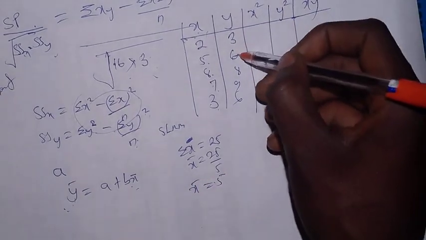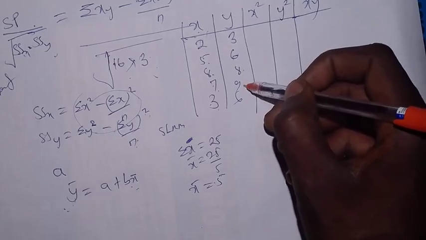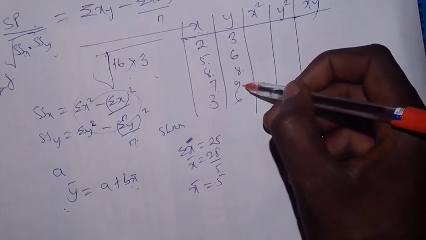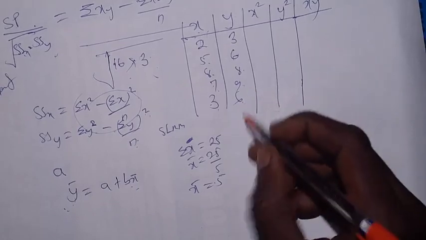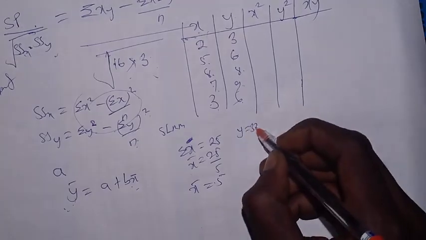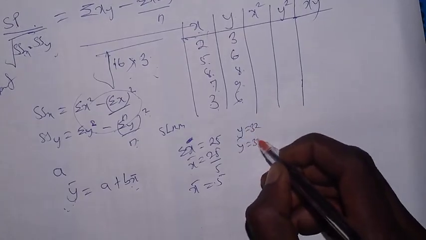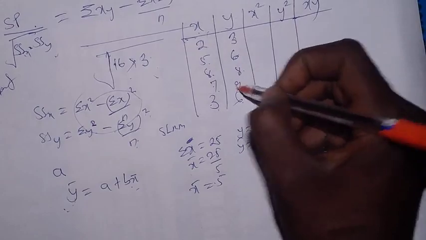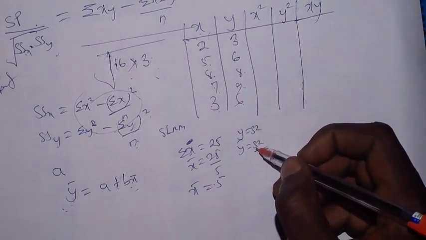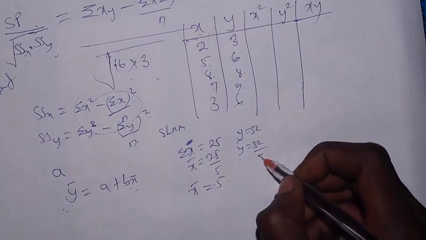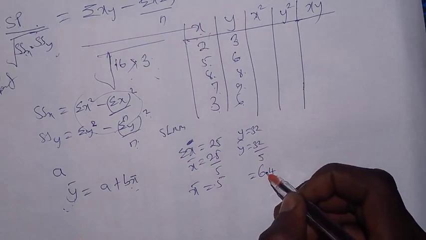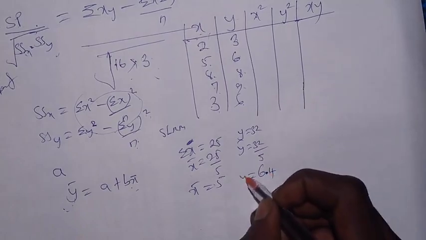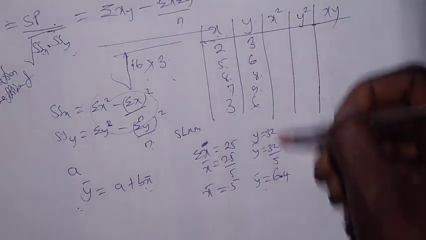For y: 3 plus 6, 9 plus 8, 17 plus 9, 26 plus 6 is 32. So summation y is 32, and y bar is 32 divided by 5, which I think is 6.4, right? So this 6.4 is our y bar.